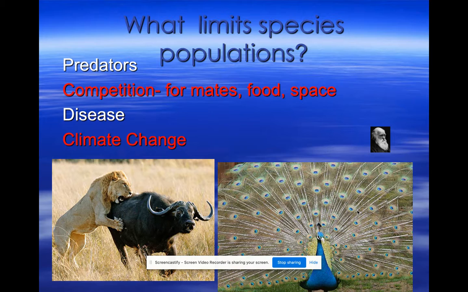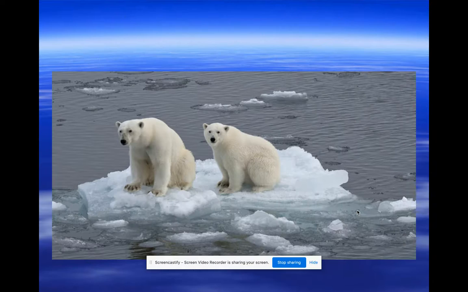Listen, not all species survive. That's the sad part of this. All right. Only the ones with the best traits. In this case, maybe the fastest lion or the strongest lion or the prettiest male peacock. All right. So not all of them have the same traits. Here's a classic example of the poor polar bear.